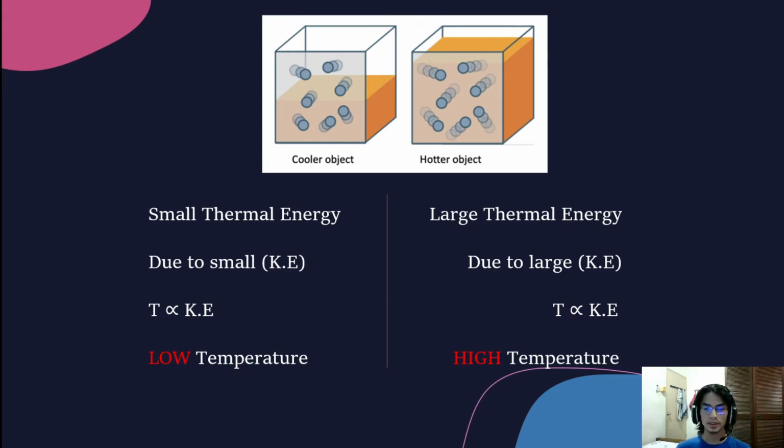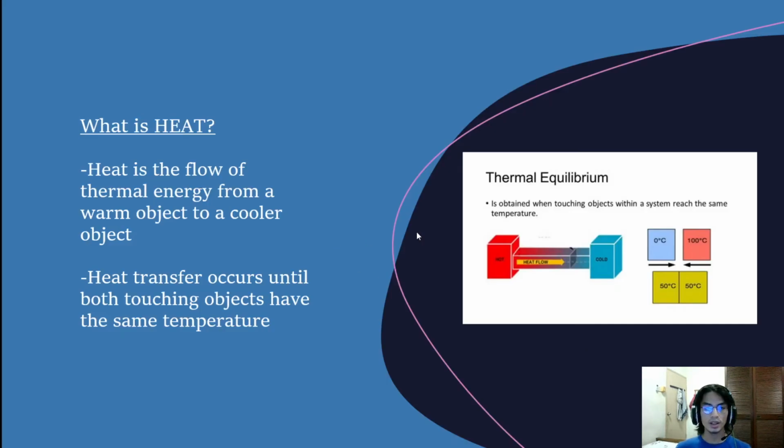So moving on. What is heat? Heat is the flow of thermal energy from a warm object to a cooler object. Heat transfer occurs until both touching objects have the same temperature. As you can see here, this is a warm object, this is a cooler object.